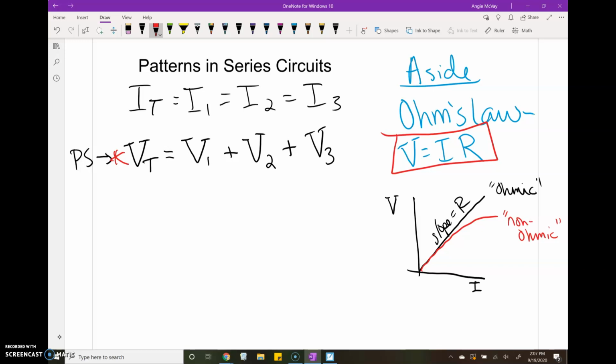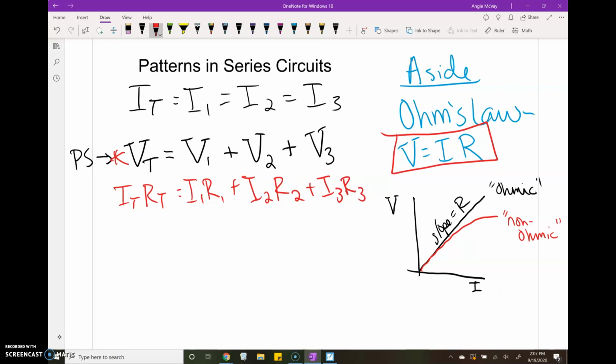What if we wrote, instead of V total, current total times resistance total, and that equals current 1 times resistance of light bulb 1 plus the current going through a second light bulb times the resistance of the second light bulb plus current going through the third light bulb times resistance of the third light bulb.